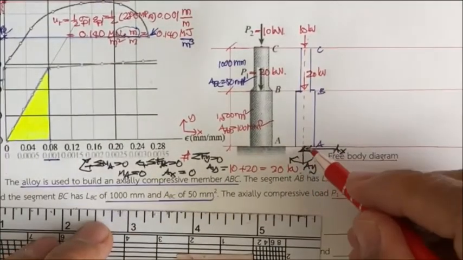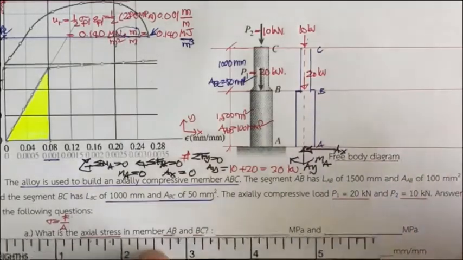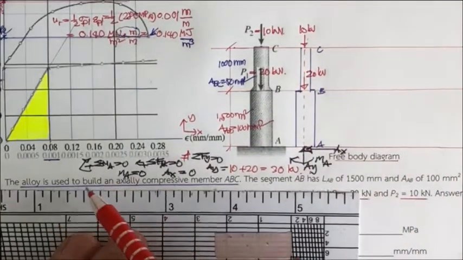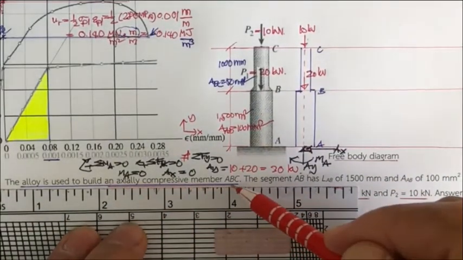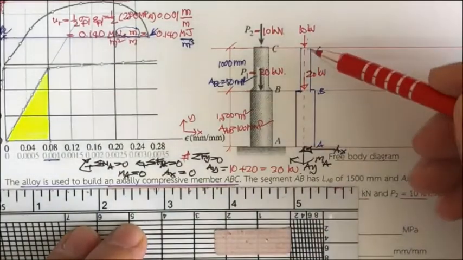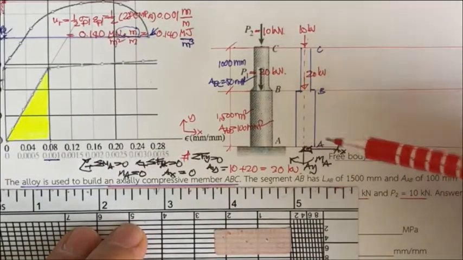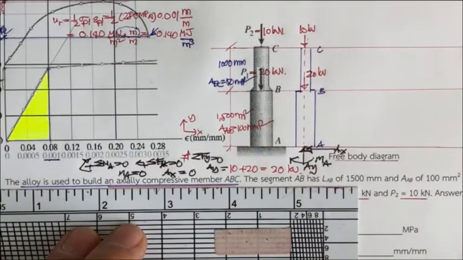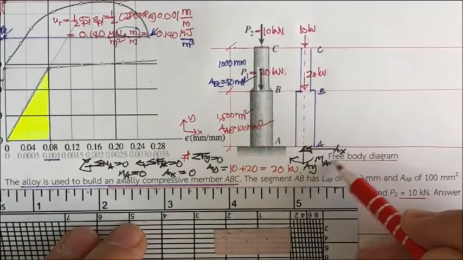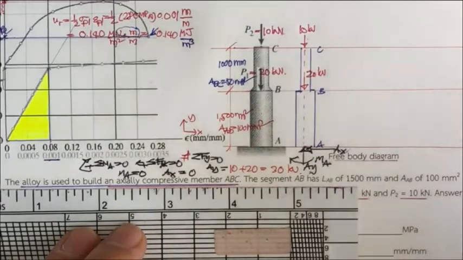That is the reaction, and I'm showing you that due to the axially compressive load passing through the centroid of member ABC, the moment and A sub x must be 0.